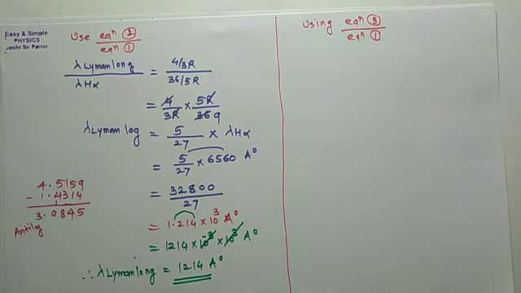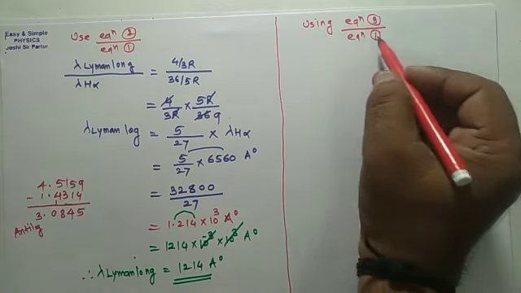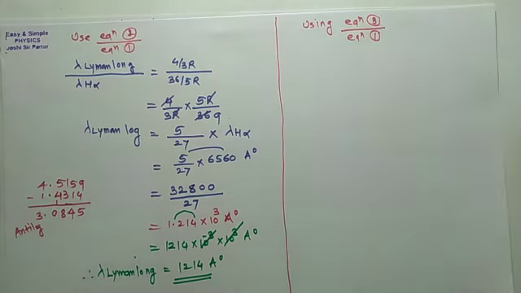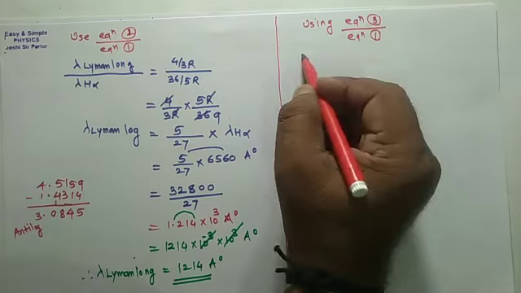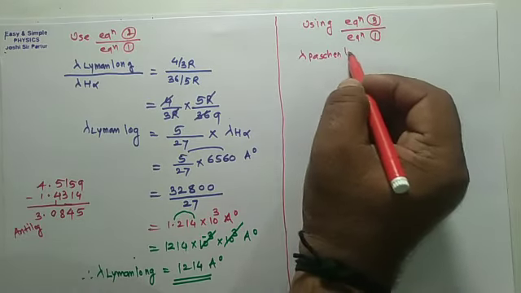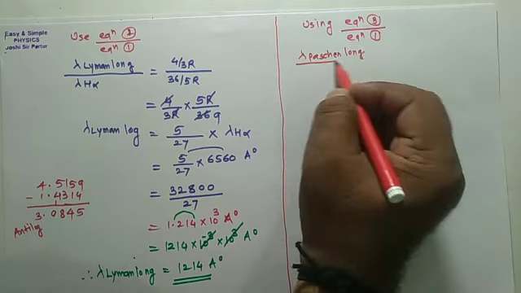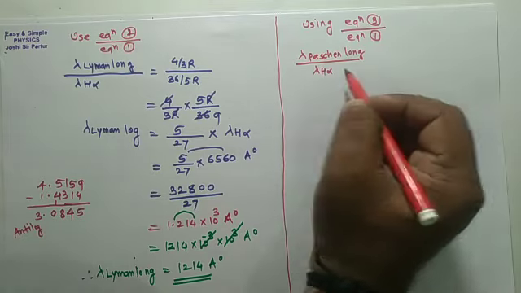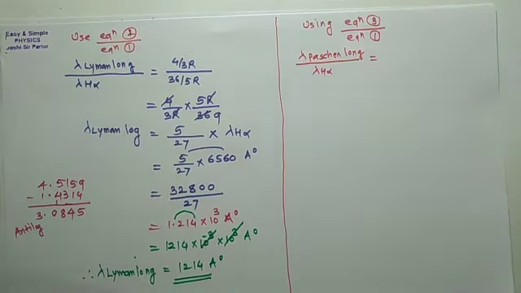We can use equation 3 divided by equation 1, or equation 3 divided by equation 2; maybe equation 1 may be H alpha. So here lambda Paschen longest divided by lambda H alpha is equal to what happens?